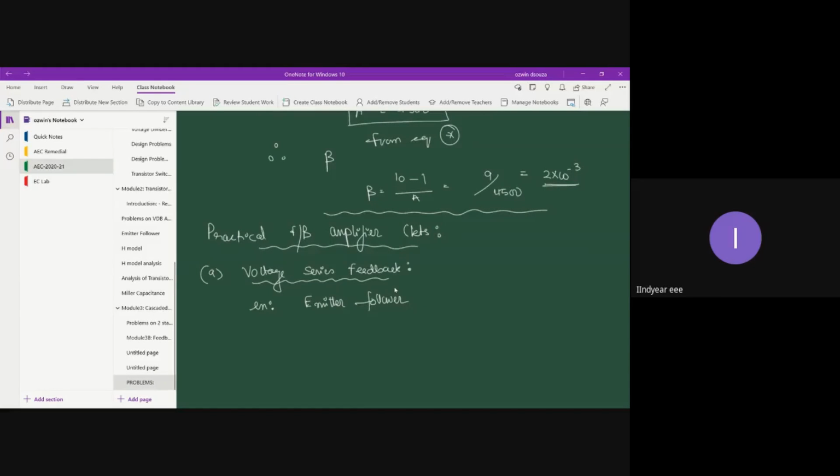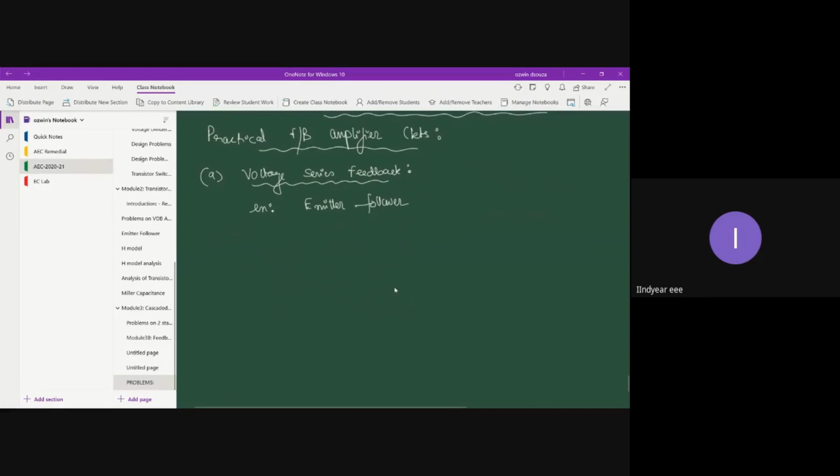In this emitter follower, I will first draw the circuit diagram. This is the circuit diagram of the emitter follower. I will write RC just for the sake of writing down the equations.